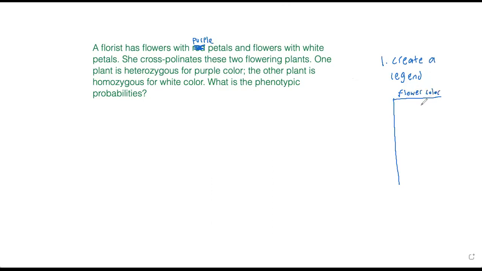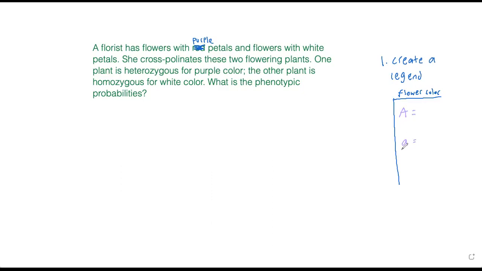Now, when I see a capital letter, for example, big A is going to be referring to the dominant allele, and small a is going to be referring to the recessive allele. That is to remind us that one possibility is dominant, the other is going to be recessive.